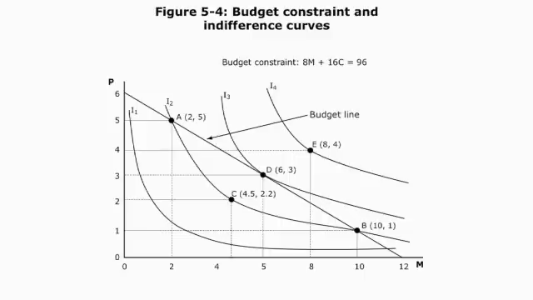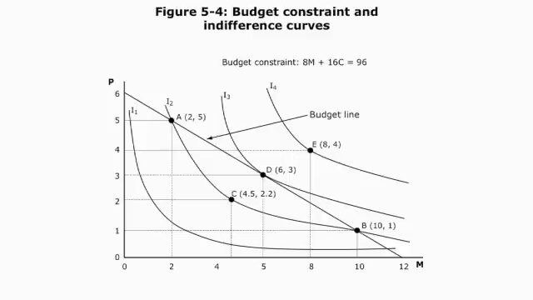That's why you have to check two conditions for optimization. First of all, those slopes have to be equal. Second of all, you've got to spend all your money. So it's true there's a whole host of points. In fact, there's a vector running through C, D, E, all of which are points where the marginal rate of substitution equals the marginal rate of transformation.